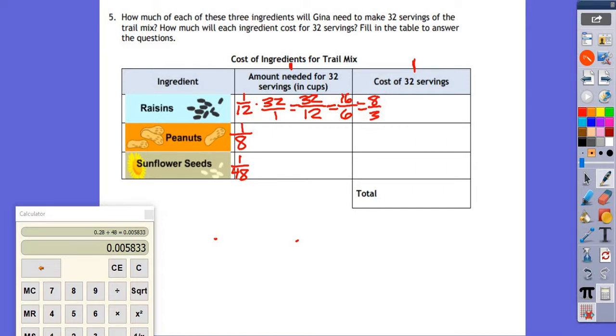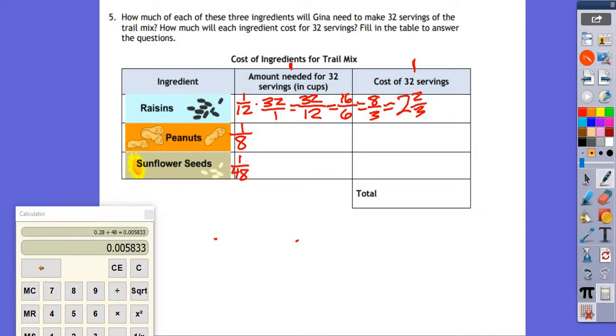Then that goes to 2 2/3 cups. So I need to make 32 bags. I need 2 2/3 cups of raisins. That's the exact amount I need to make 32 bags.